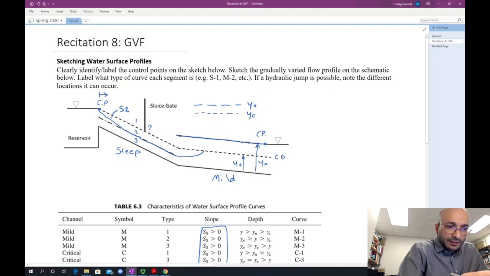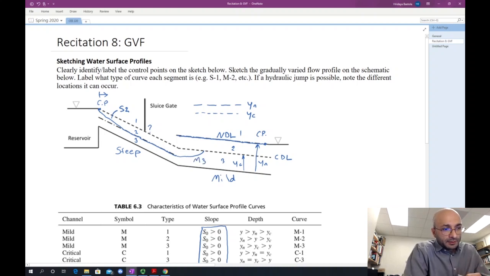So this is the critical depth line, and this one here is your normal depth line. This is one possibility for hydraulic jump. This curve occurs in region 3. So it's 1, 2, 3, and it's in the mild section, so it's going to be an M3 curve.